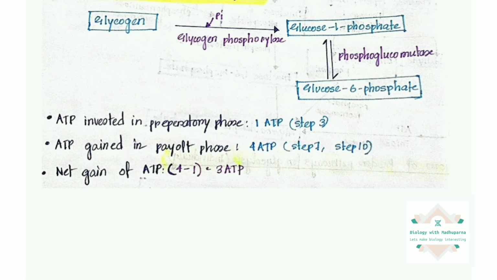Next, the ATP gain in the payoff phase will be the same as the previous method. Here also we will gain 4 ATP in step 7 and step 10. Now if we calculate the net gain of ATP, it will be 4 minus 1 instead of 4 minus 2, which was in the previous phosphorylase glycolytic method. So 4 minus 1 is equal to 3 ATP. So in this glycolysis via the hydrolysis method, we are getting 3 ATP instead of 2 ATP.